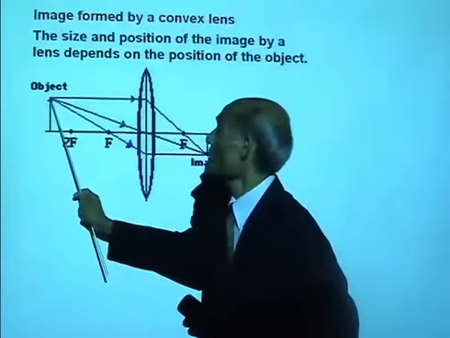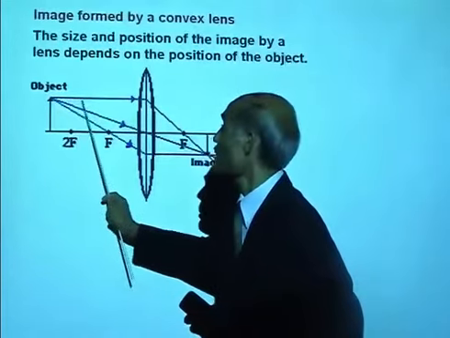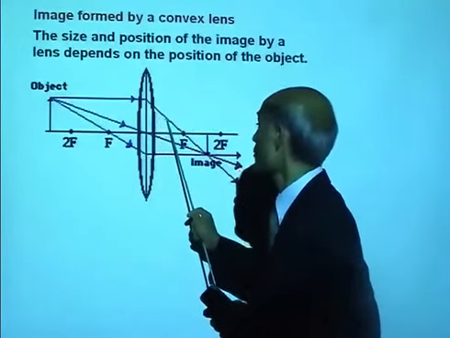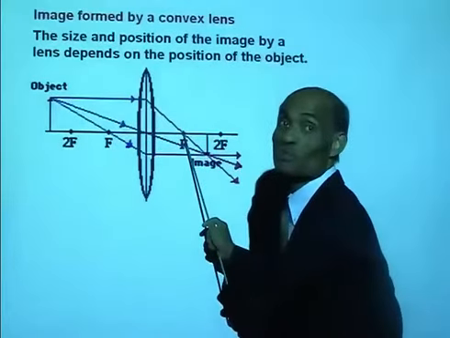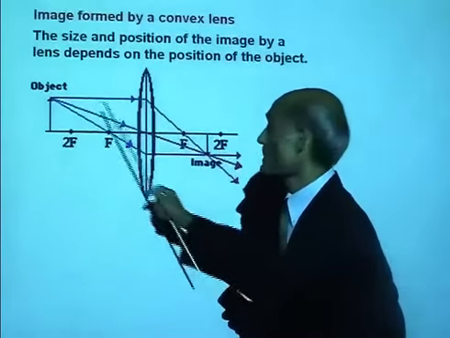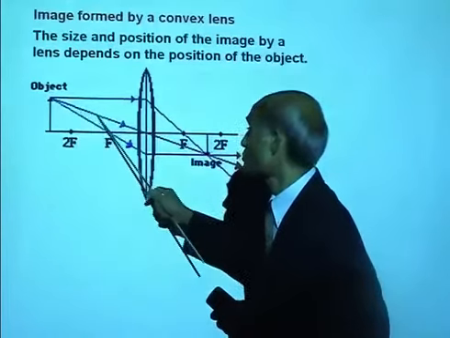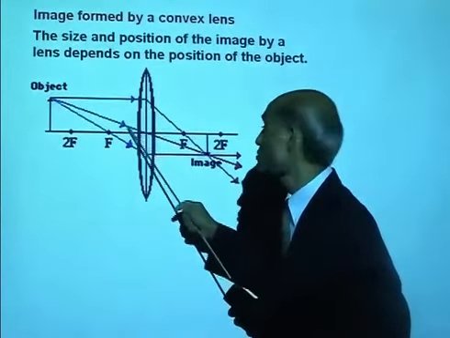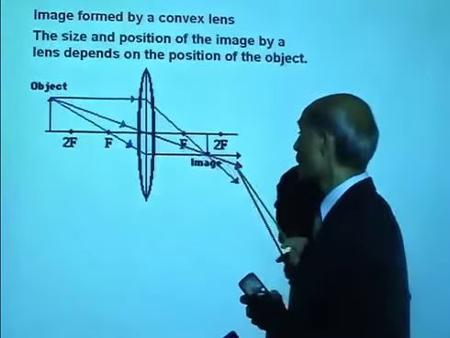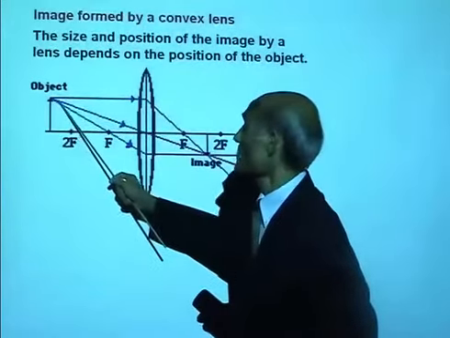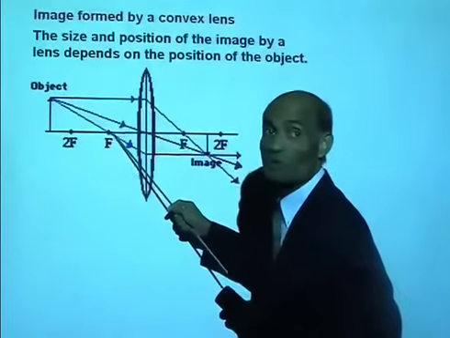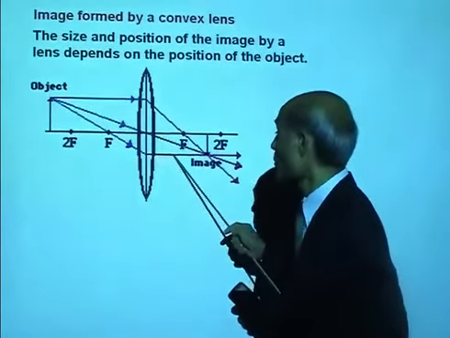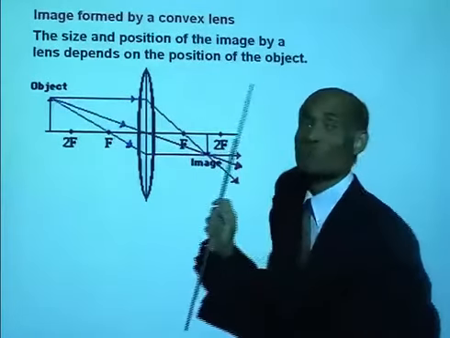A light ray that is parallel to the principal axis, after passing through the lens, will go through the principal focus. A ray that passes through the center of the lens will not suffer any deviation. It will go straight on. A ray that passes through the principal focus, after passing through the lens, will go parallel to the principal axis.